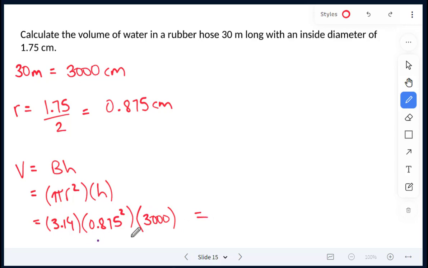All right, so multiply all of that out, and we get 7,212.1875 centimeters cubed. The question doesn't ask us to round it, so I've just put the whole answer there.